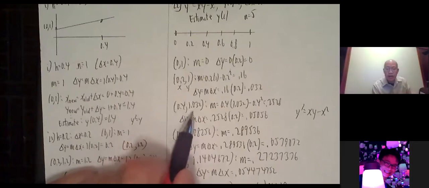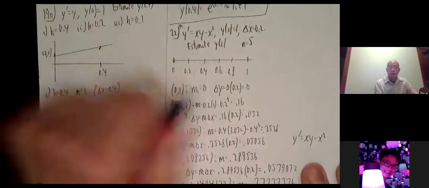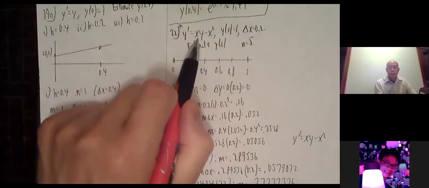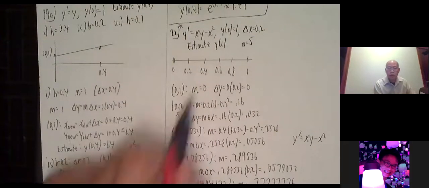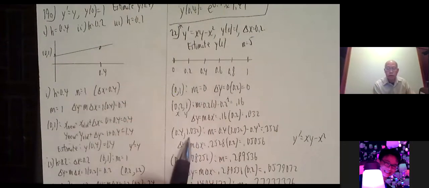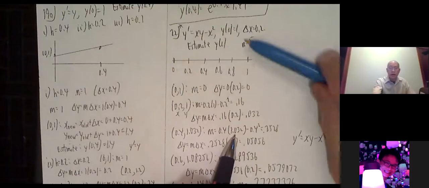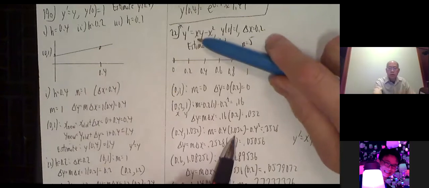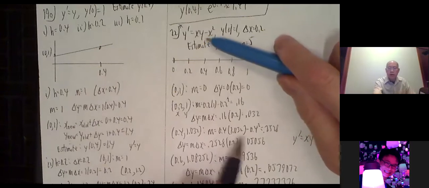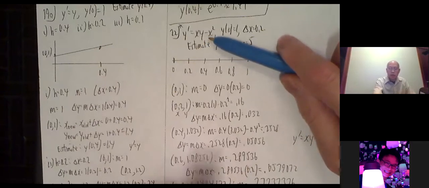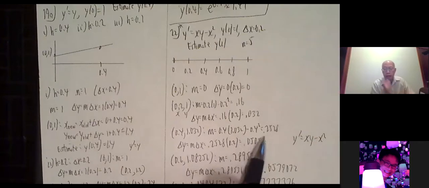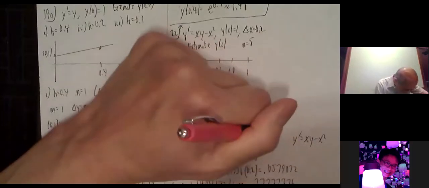So take that x and y, plug it in. Okay, so x is 0.4, y is 1.032. You can see the calculation gets real bad. So x times y, 0.4 times 1.032 minus x squared, 0.4 squared, comes out to be 0.2528.